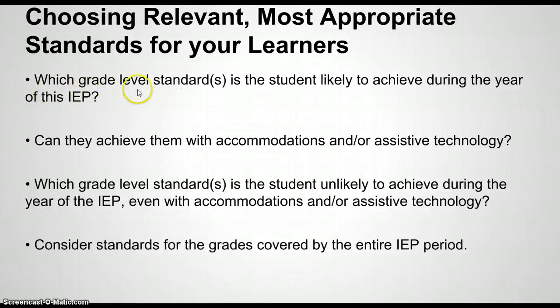Really try to focus on grade level standards they're most likely going to achieve in that IEP year, especially with accommodations or assistive tech, and then rule out the ones that they're unlikely to achieve or try to minimize that gap. But remember to consider the accommodations and the assistive tech, what we have available for those students, and remember 2 grade levels or the entire IEP period.